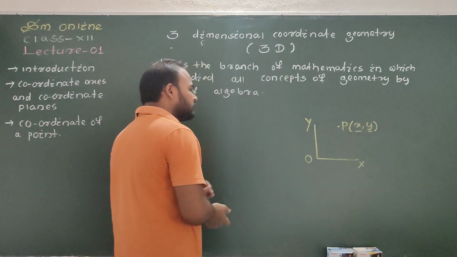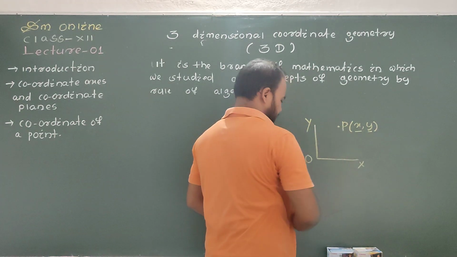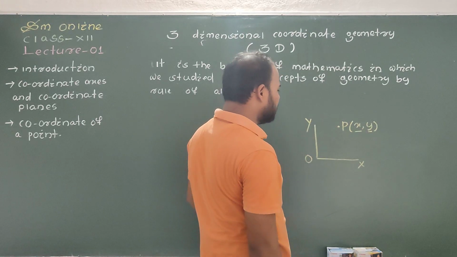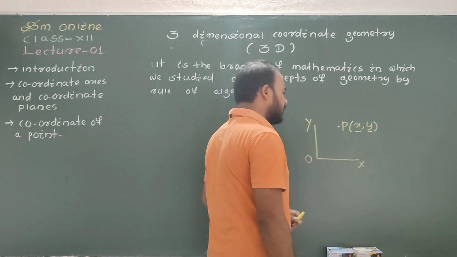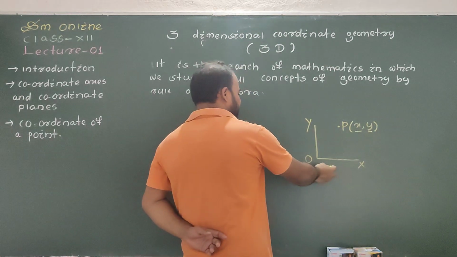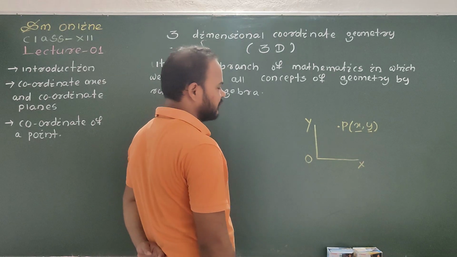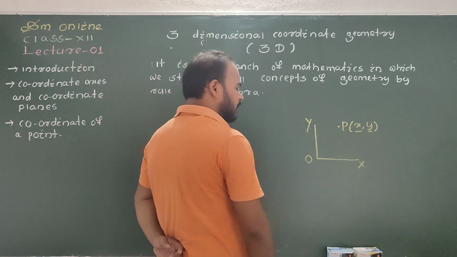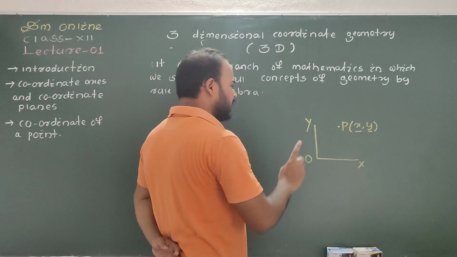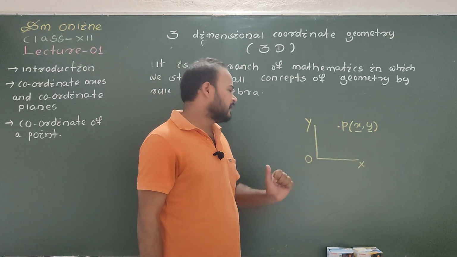So if we locate the point P in space, then the x axis and y axis are not sufficient to locate the point P. We need three axes. Okay, we need three axes.